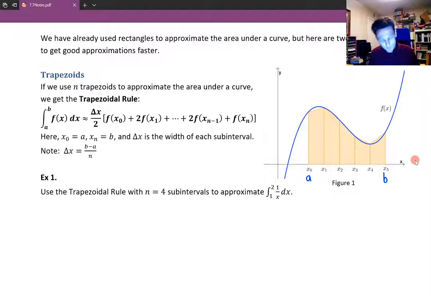Normally when you think about a trapezoid, you think about a trapezoid where the parallel sides are sitting down. So this might be a typical trapezoid. It has one pair of parallel sides, and usually one of the parallel sides is sitting down. But here the trapezoids are propped up, and one of the sides that's not parallel is at right angles with the parallel sides.